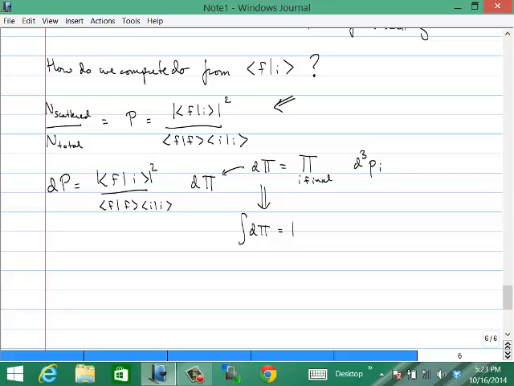So what that means is that I need to think about working in a space of finite volume, say a sphere of very large volume, and then include a factor of the volume here.